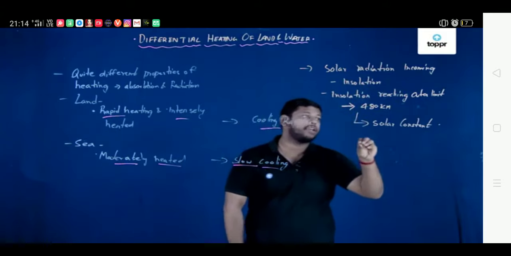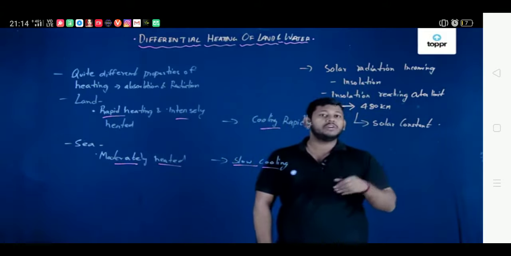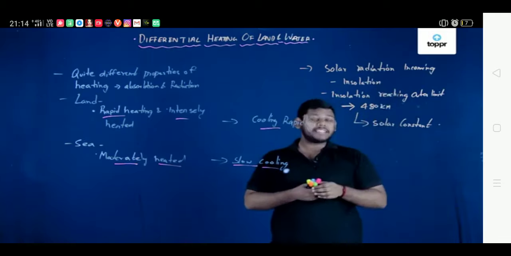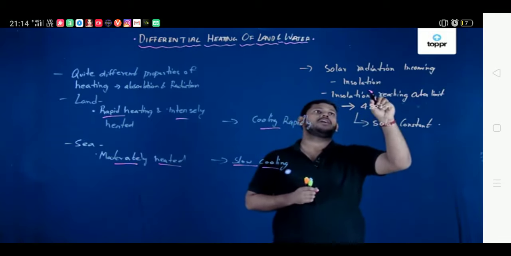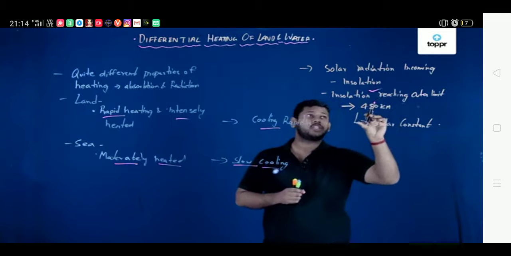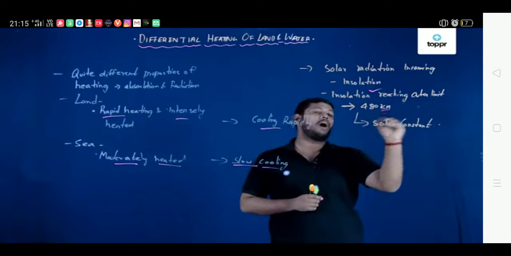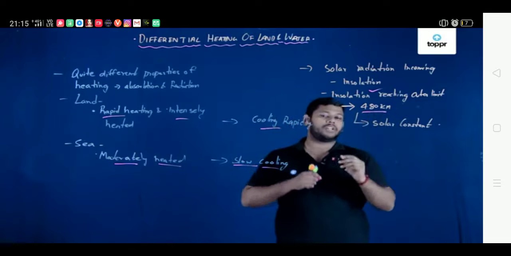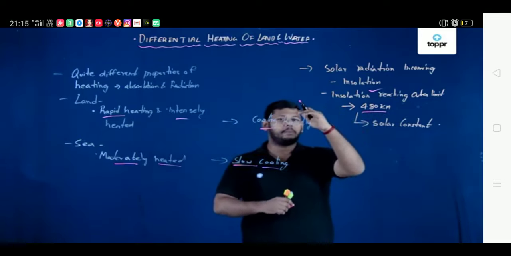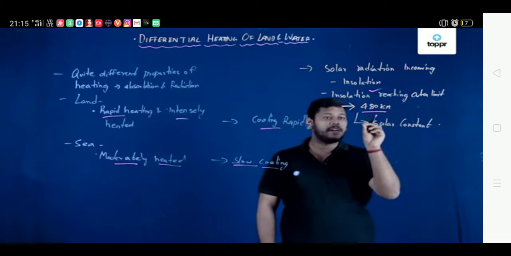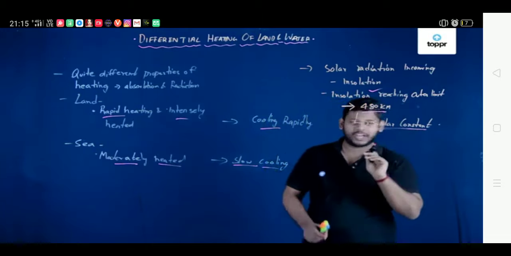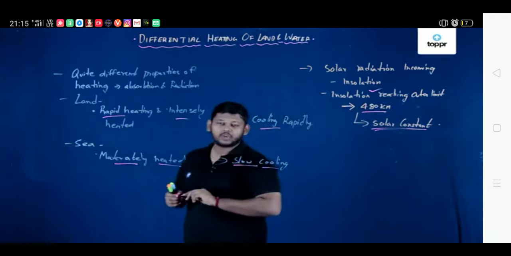This helps in deriving a constant known as the solar constant, which means the intensity of the insolation reaching the outermost surface, at 480 kilometers from the Earth's surface, that is the top part of the atmosphere. That amount of intensity is called the solar constant.